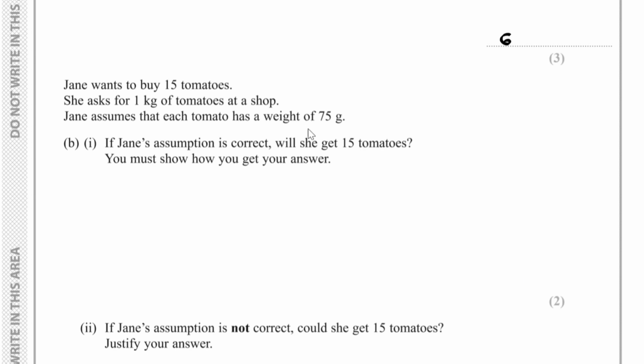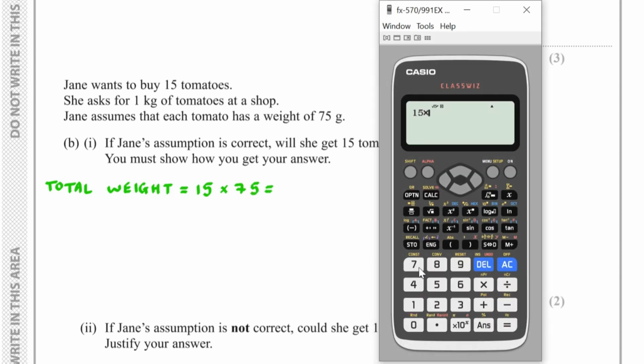Well, if each tomato weighs 75 grams, and if we want 15 tomatoes, then the total weight will be 15 times 75, which is 1125 grams.